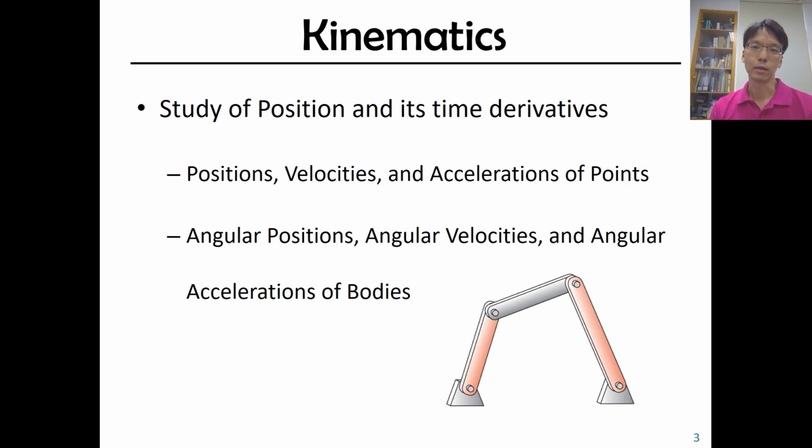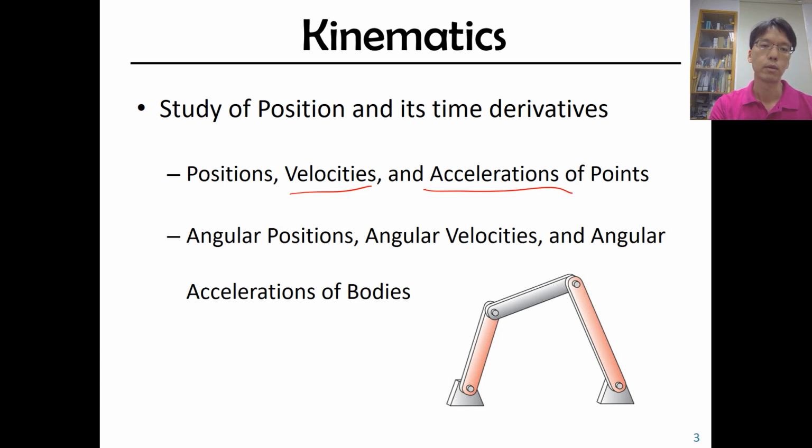So kinematics. What's the definition of kinematics? Kinematics is basically the study of position and its time derivatives of certain mechanisms. So the time derivatives, of course, that includes the velocity and accelerations.